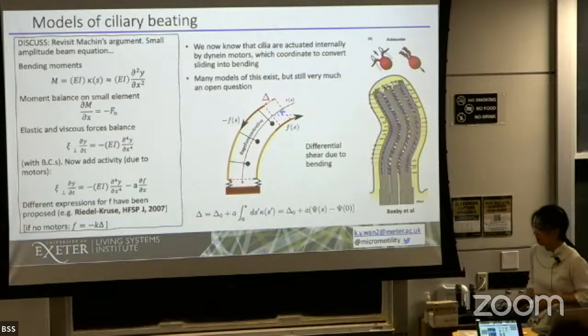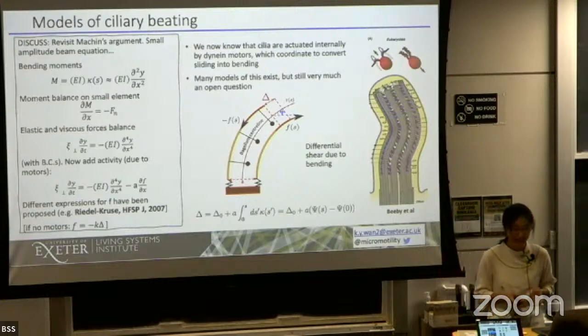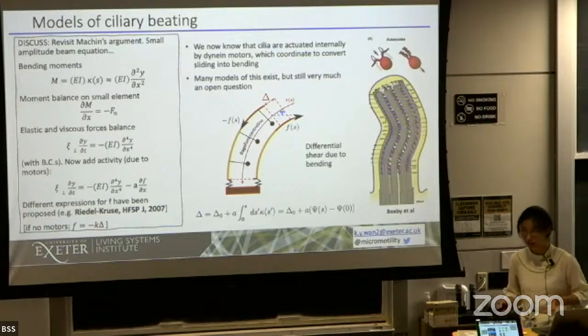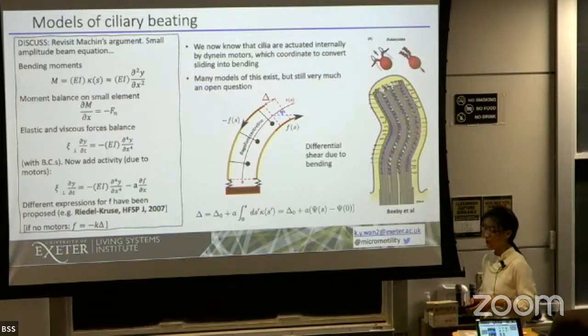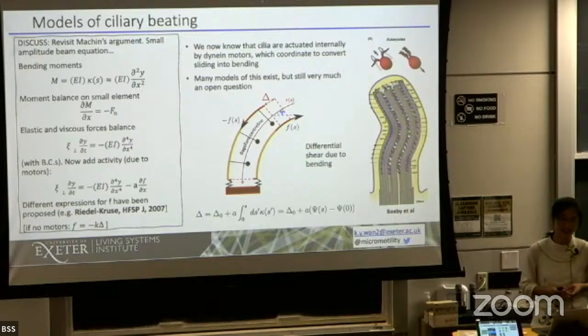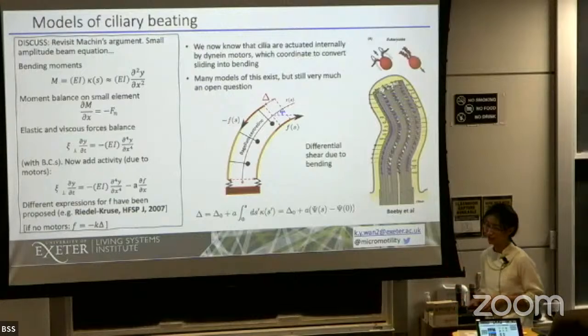And so with this type of simplification, many authors, including this reference here, have attempted to come up with modifications to this basic force balance that is associated with passive filaments, in the case of these highly active structures.